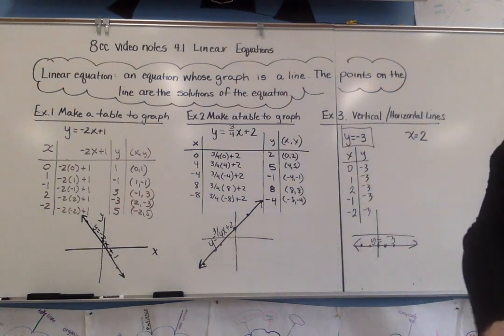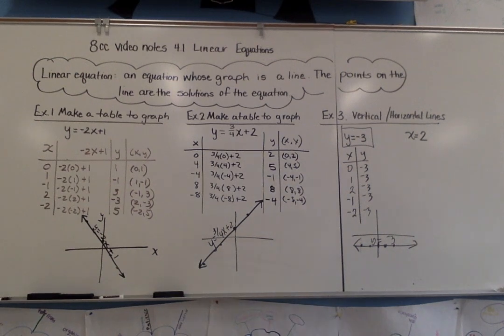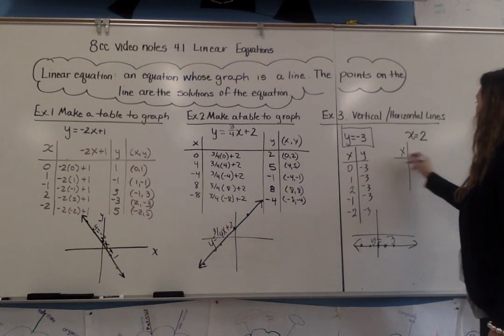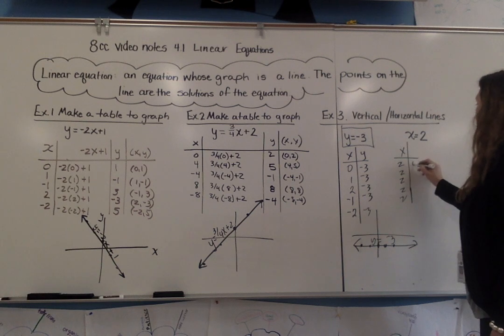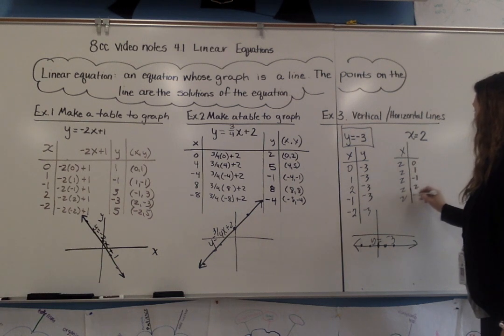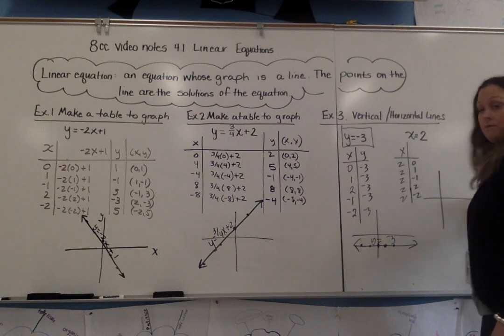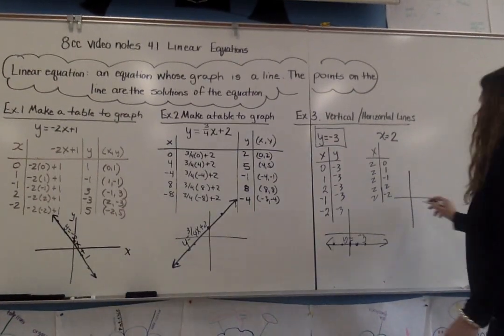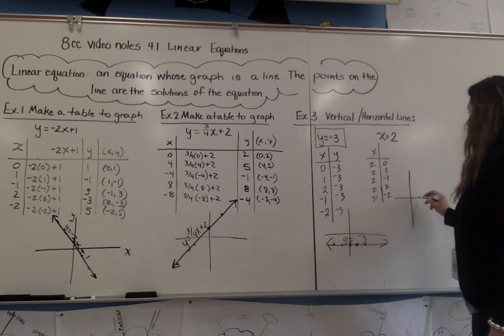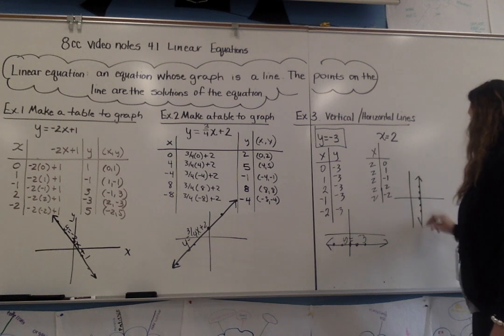The opposite is going to happen when they're given an x value. So x has to be 2. I can pick anything I want for y. When I graph it, it's going to be 2, 0; 2, 1; 2, 2; 2, -1; 2, -2.